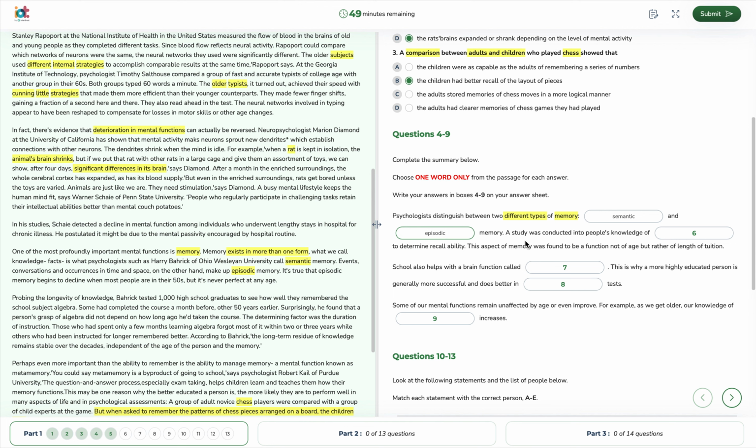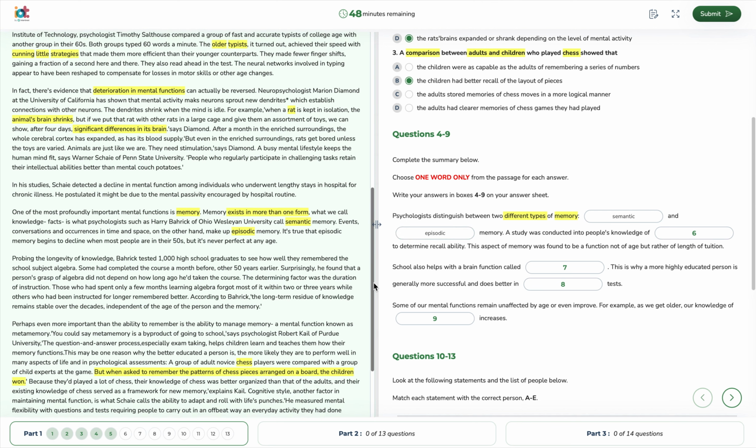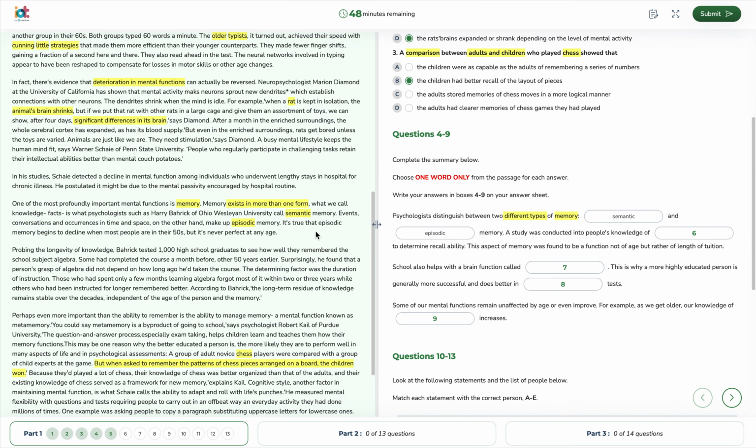Two are done. They say a study was conducted into people's knowledge of blank, to determine their recall ability. Over here it's written as nothing, but here, proving the longevity of knowledge, they tested 1,000 high school graduates to see how well they remembered the school subject algebra.